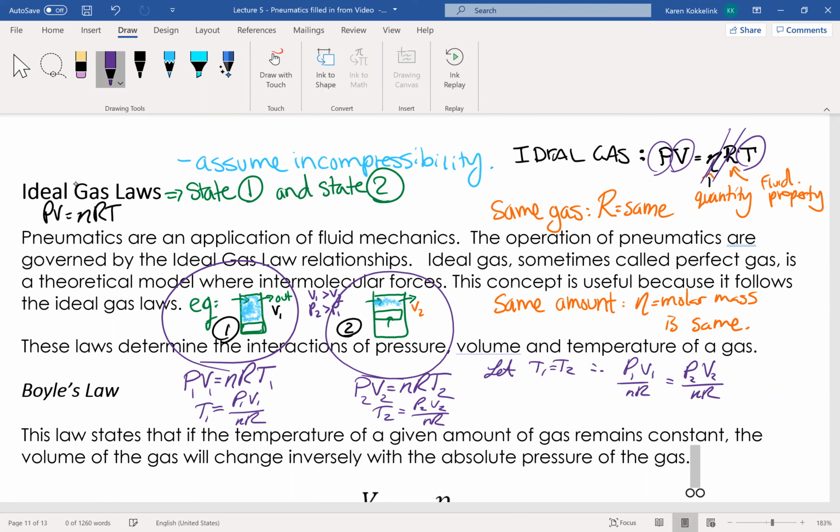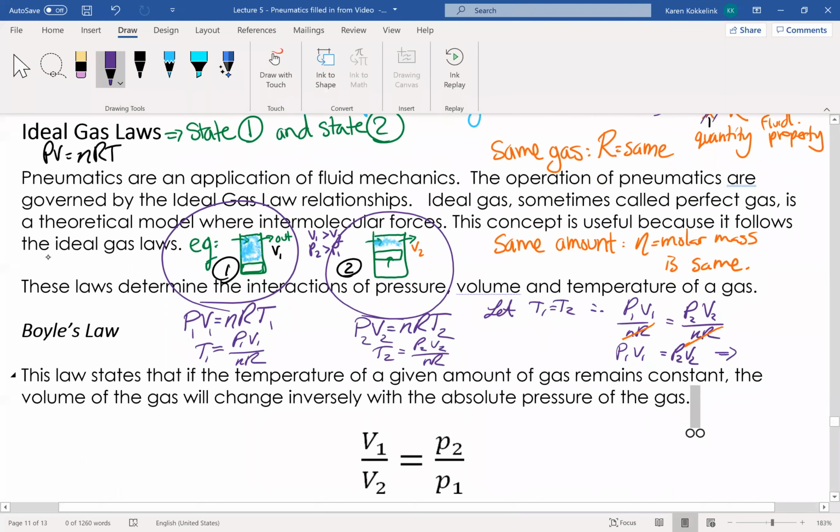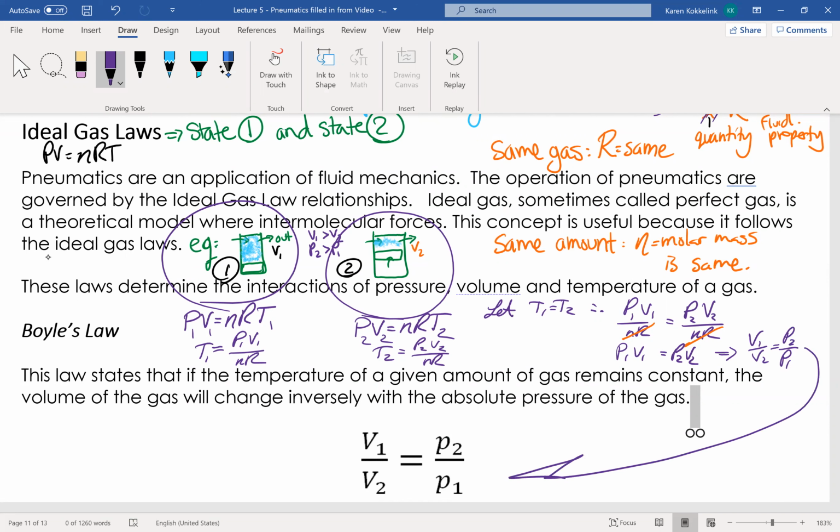You notice then that nR, since it's the same material and the same quantity, cancel out. That gives you P1V1 equals P2V2, which you can arrange any way you want. I believe down here we did V1 over V2 equals P2 over P1. That is one of the ideal gas laws.